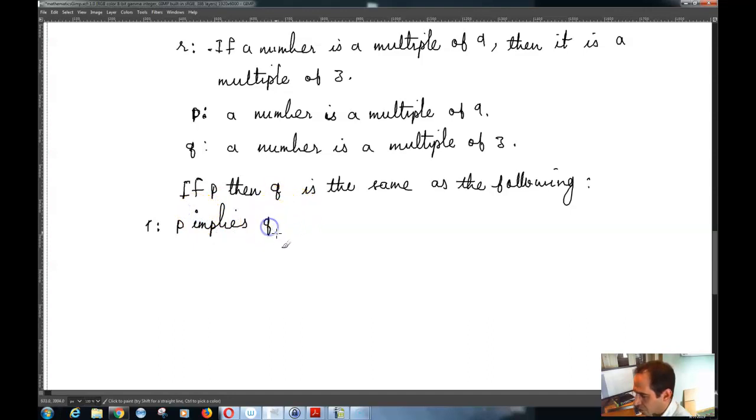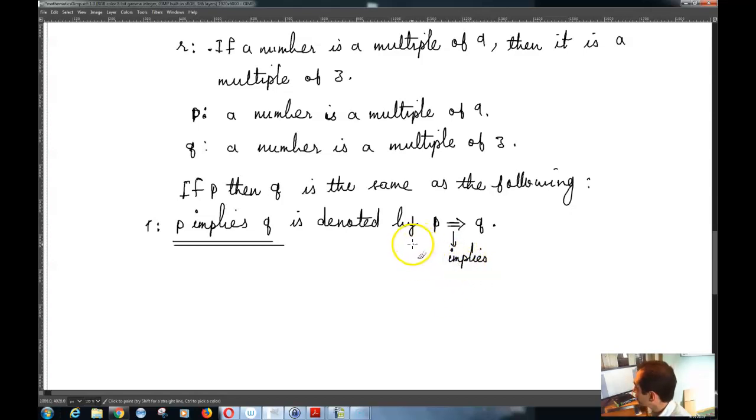P implies Q, this thing over here, is denoted by this notation: P implies Q. And this symbol stands for implies.